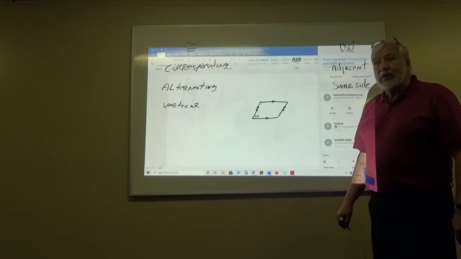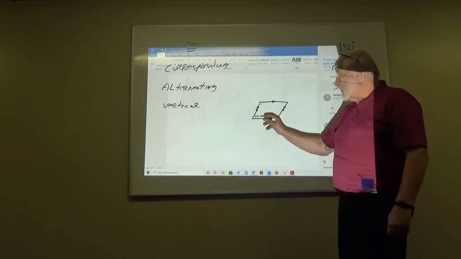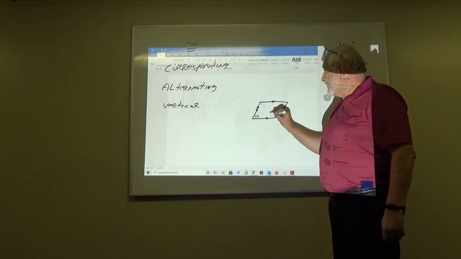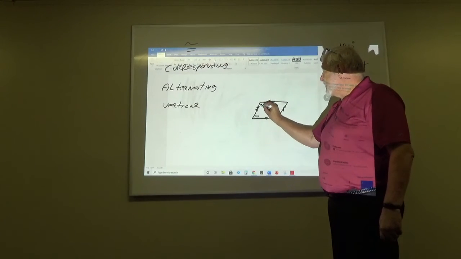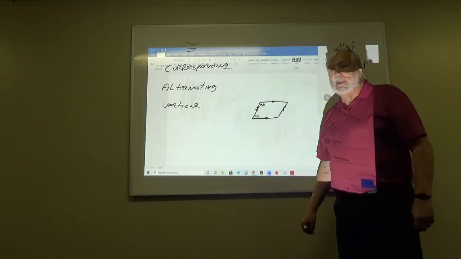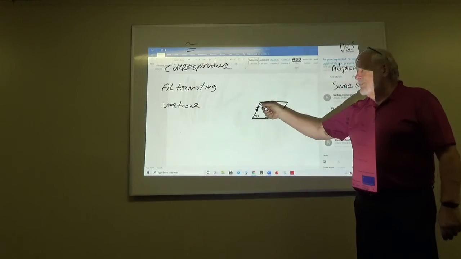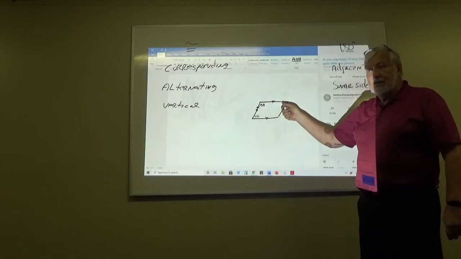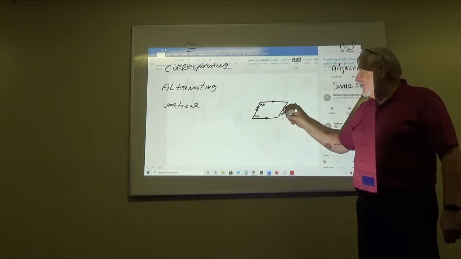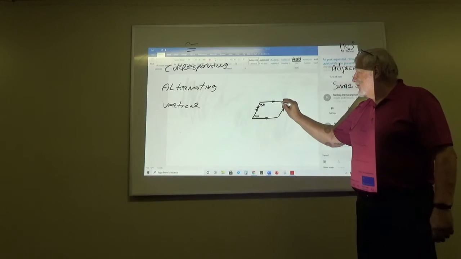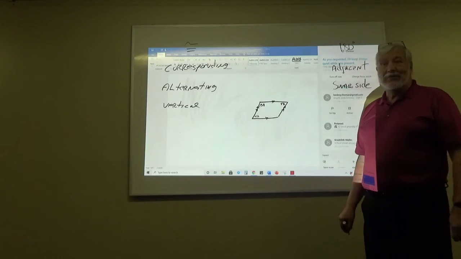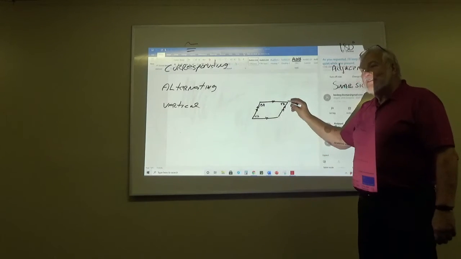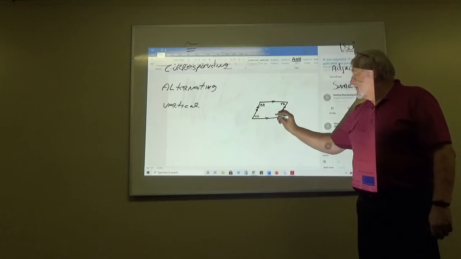It has to add up to 180, because it's same side. If I add 8, that's 50, and then I add 130, I have 180. These then are also same side interior. So if this is 138, this has to be 42.